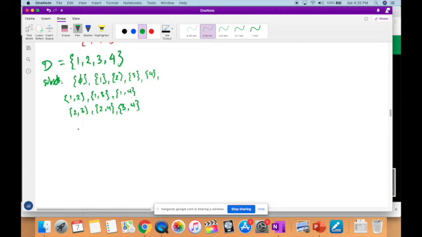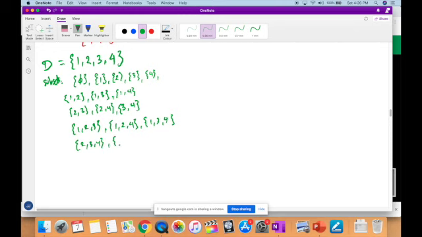Right. And then now I have the triples. So I have 1, 2, 3. Then I have 1, 2, 4. Then I have 1, 3, 4. Then what else do I have? 2, 3, 4.